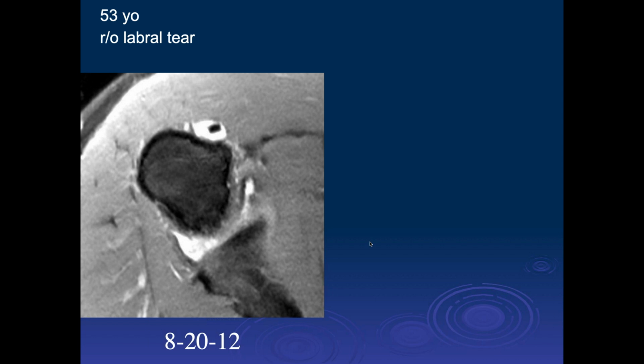On the labrum. Okay, Jennifer, what do you have? All right, so 53 years old, rule out labral tear. Just on this one image only, there's some blunting of the posterior labrum, and irregular.